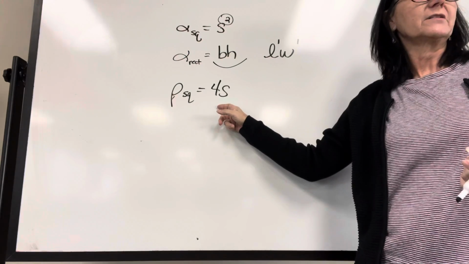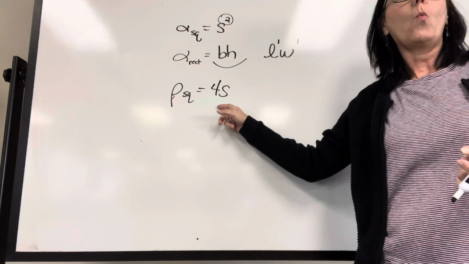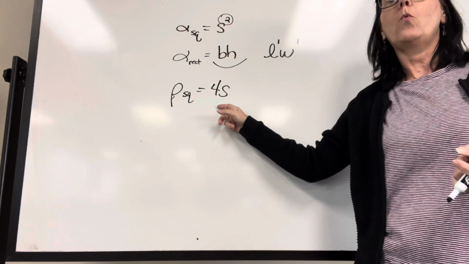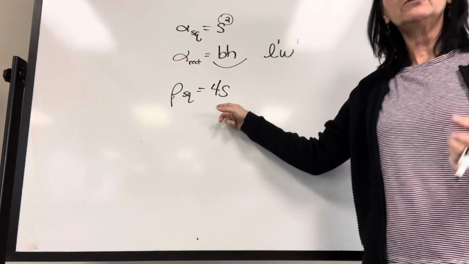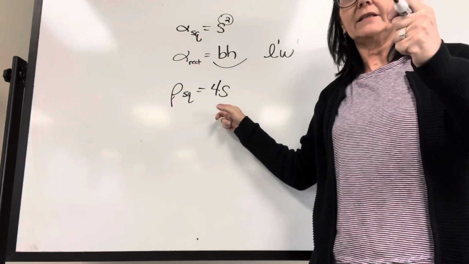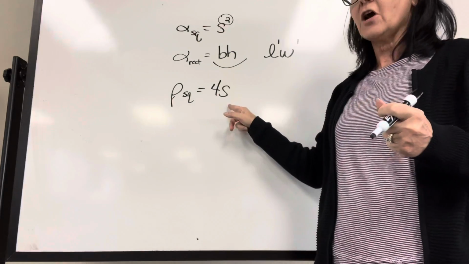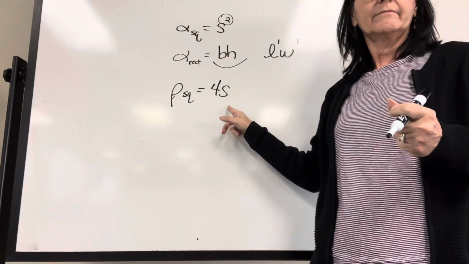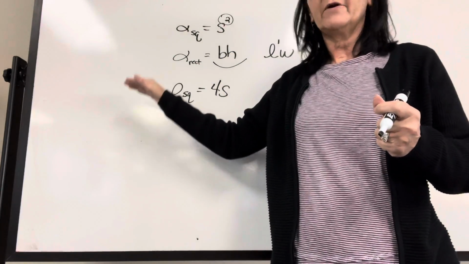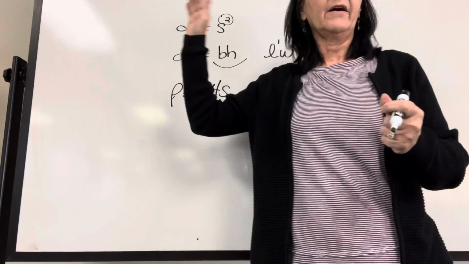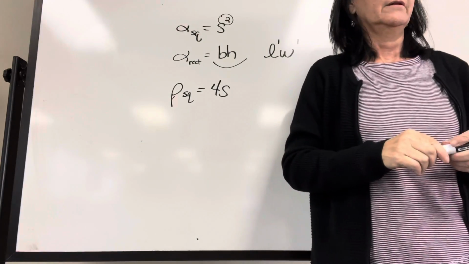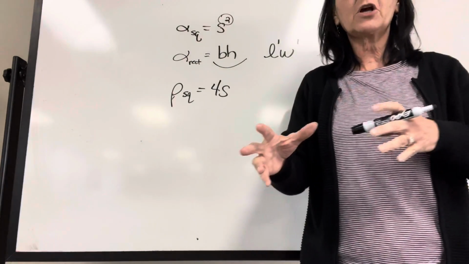Perimeter, how many dimensions? 1. Okay, so are you tying together? Everybody, look at me. This is so important. Are you tying together the degree of the term to perimeter, to area, the dimensions? So degree and dimensions go together.